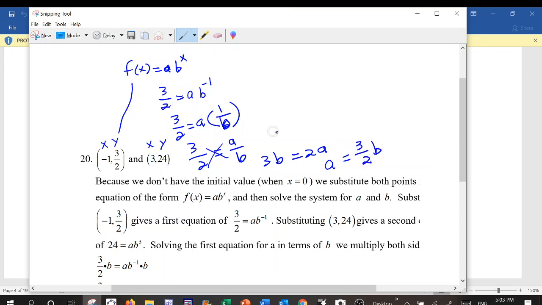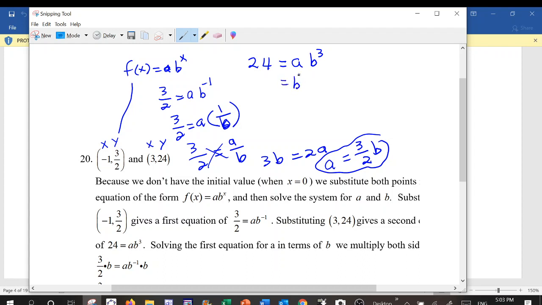All right, now that's one thing. That doesn't give us a or b, but it gives us a relation between a and b. Now, what about the other point? When y is 24, x is 3.